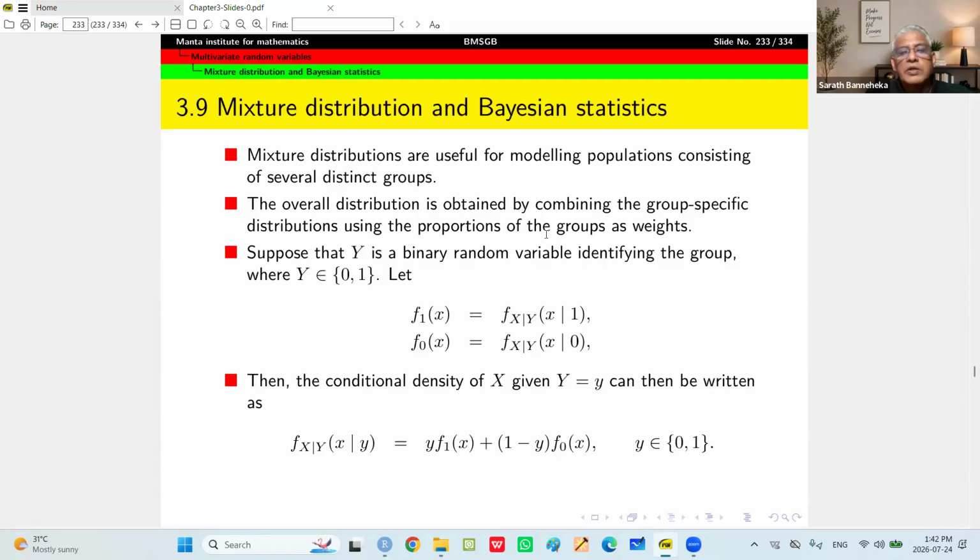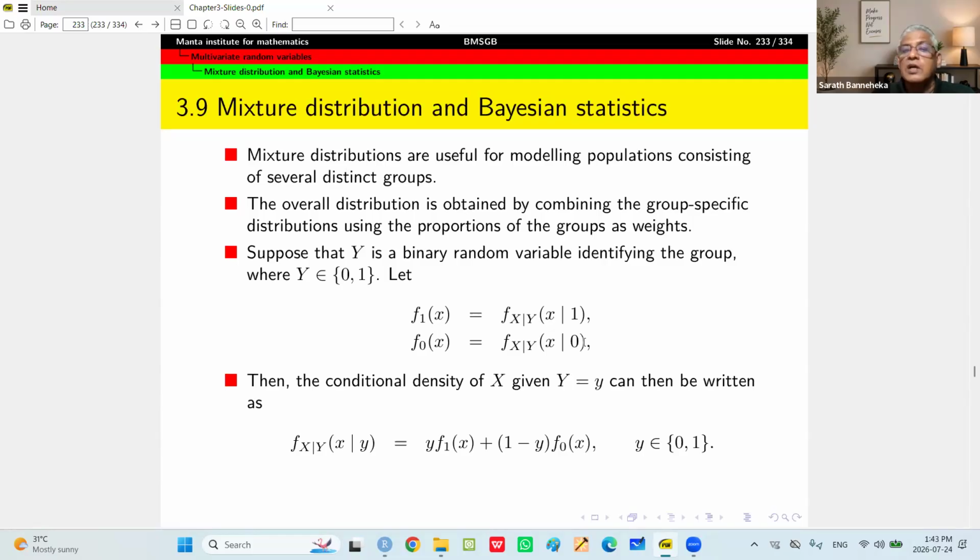So you know already that this conditional distribution is actually a function of x and y both. But in this case, we are giving a particular value for y. In that case, these conditional distributions will contain only x, right? If you are evaluating the conditional distribution of x given y at a given value 1, it's going to be a function of x. So it's just a function of x, and let's call it f1(x).